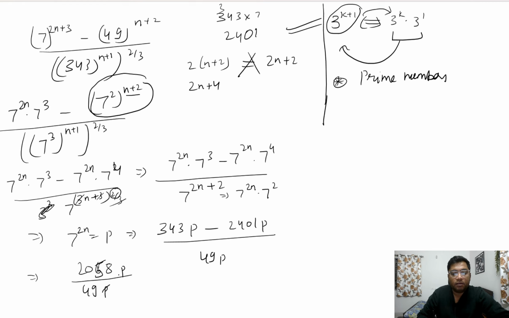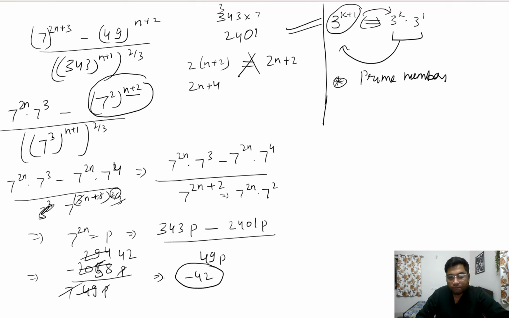We have a p which gets cancelled. This cancels by 7. So 7 sevens are 49, 7 nines are 63, 7 fours are 28, and then probably again by 7, 7 fours are 28, and then 2. So the answer is negative 42, guys.